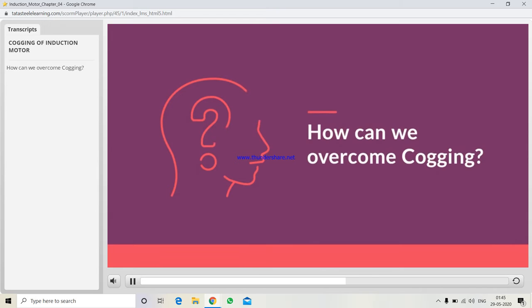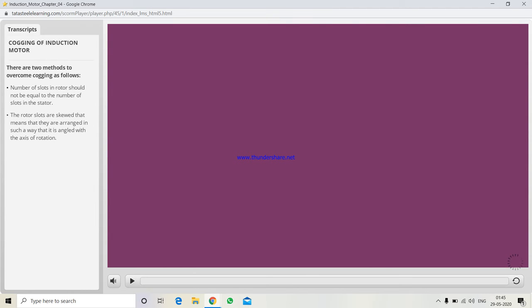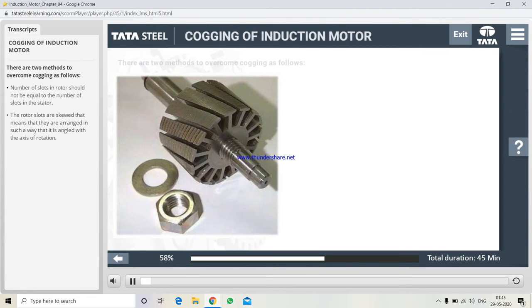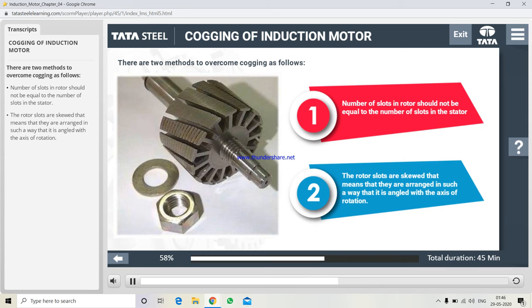How can we overcome cogging? There are two methods to overcome cogging as follows. 1. The number of slots in the rotor should not be equal to the number of slots in the stator. 2. Skewing of the rotor slots.